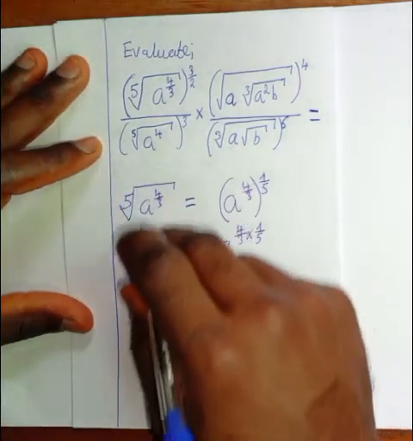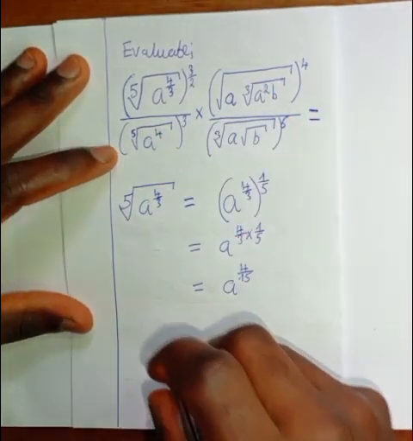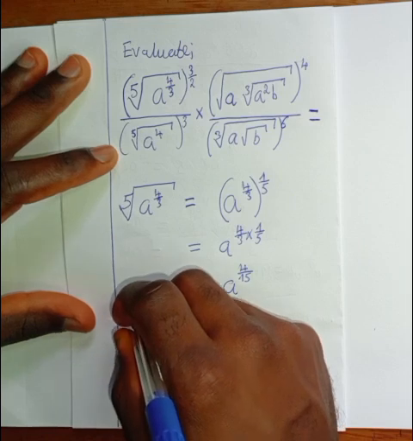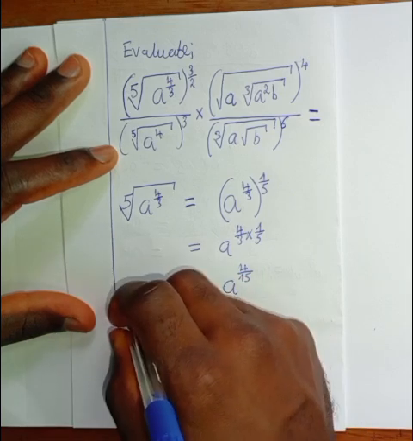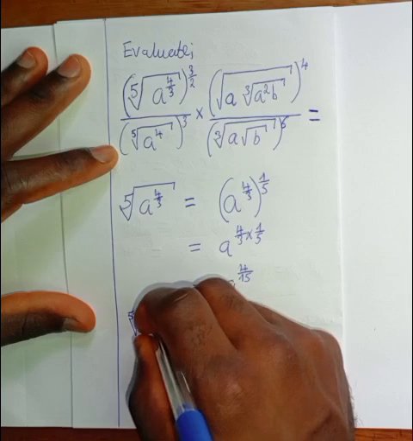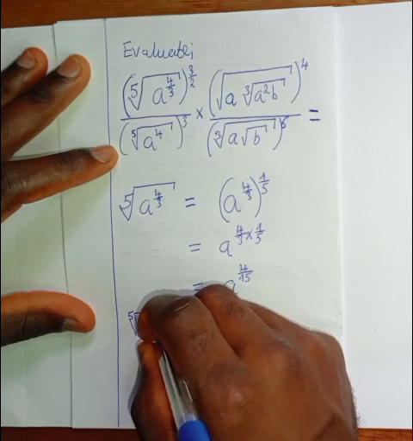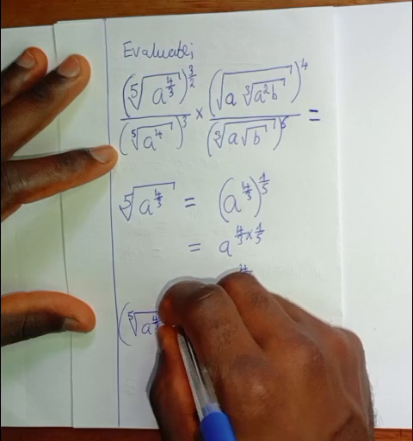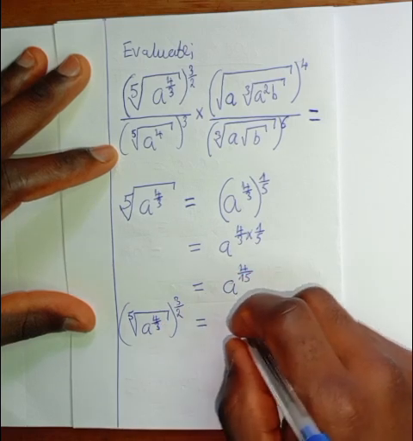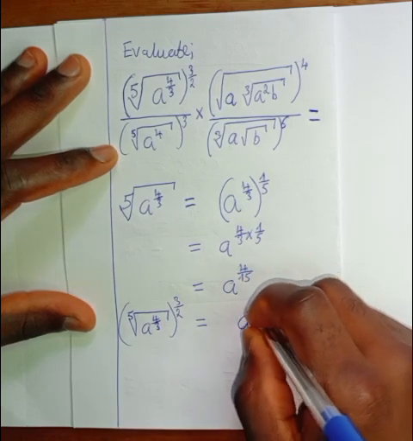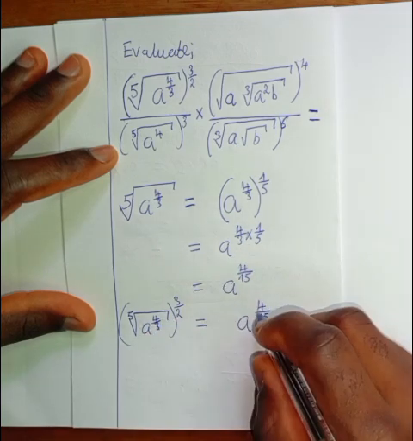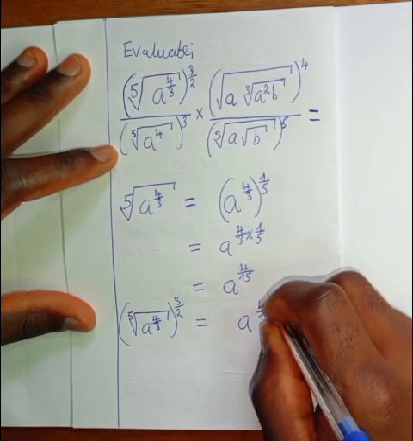Now if you raise all this, the fifth root of a raised to the power 4/3, to the power 3.5, it will simply be equal to a raised to the power 4 over 15.